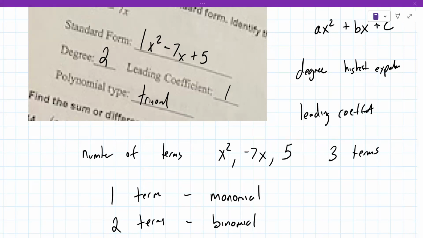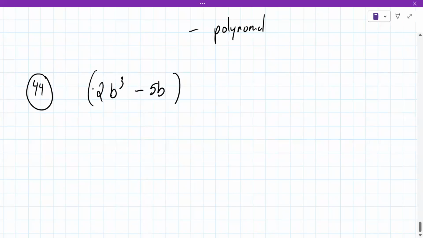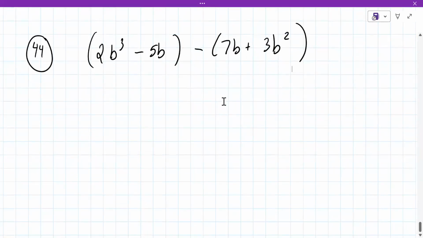All right, let's look at 44 next. 44 is 2b cubed minus 5b in parentheses, minus 7b plus 3b squared in parentheses. Now you notice there's parentheses around both of these.